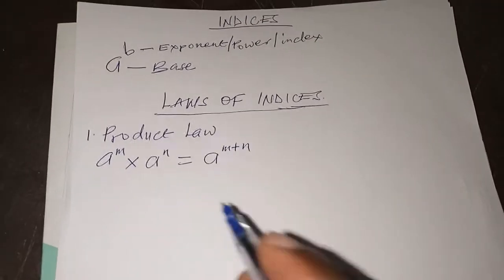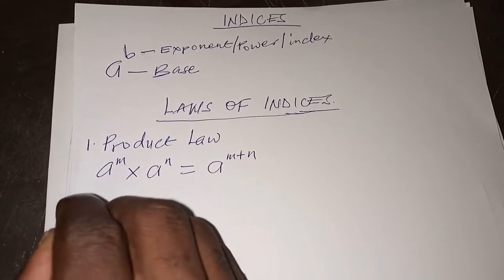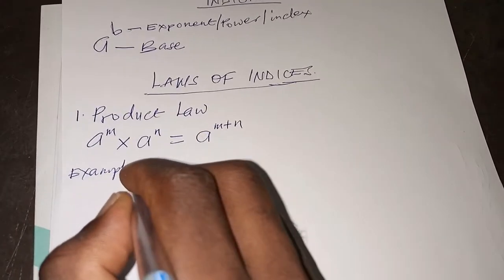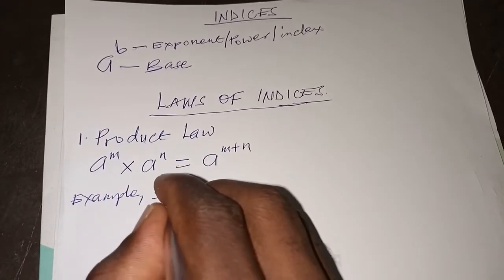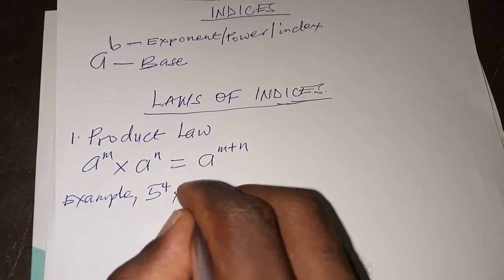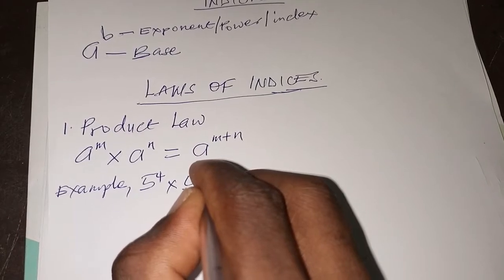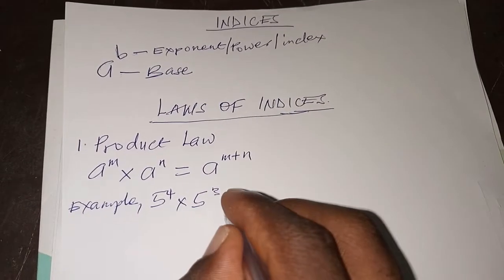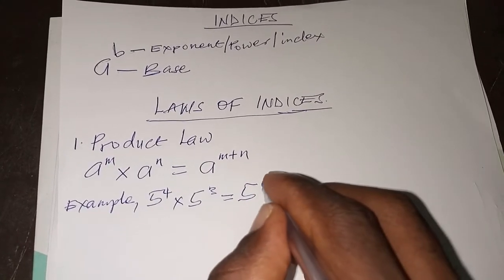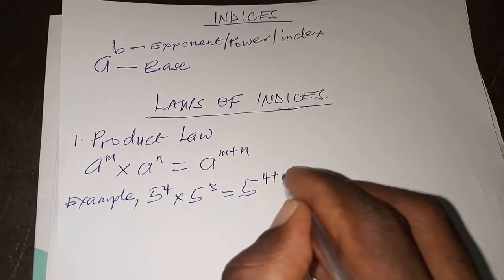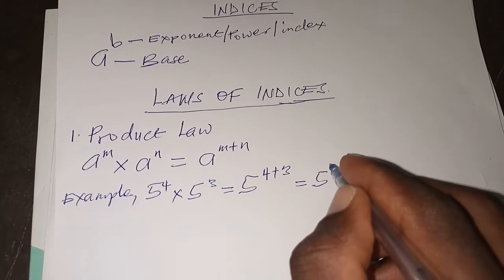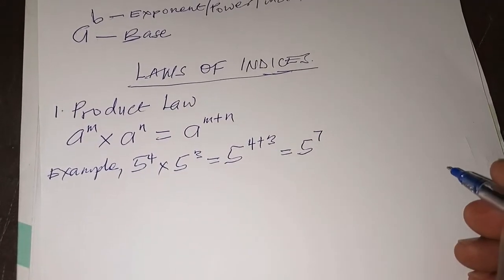So for example, 5 exponent 4 times 5 exponent 3 will give us 5 exponent 4 plus 3, which will give us 5 exponent 7.